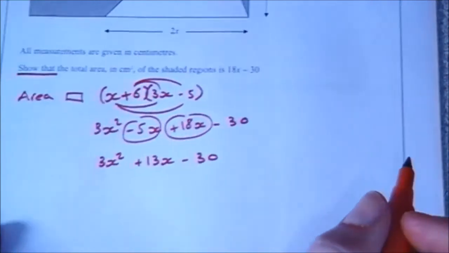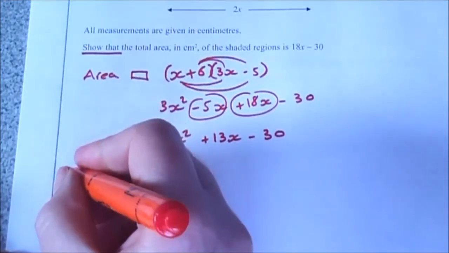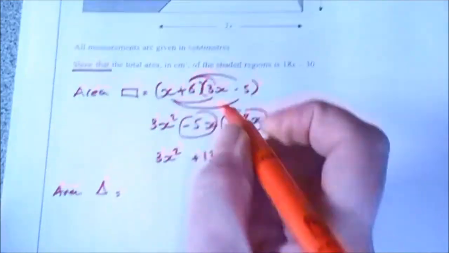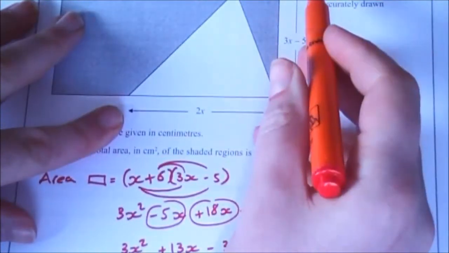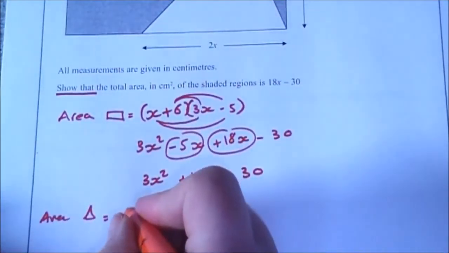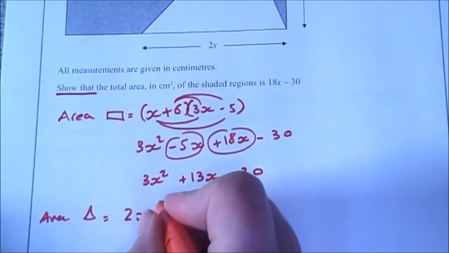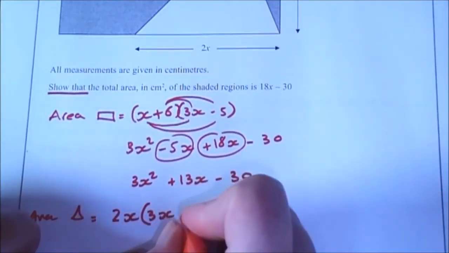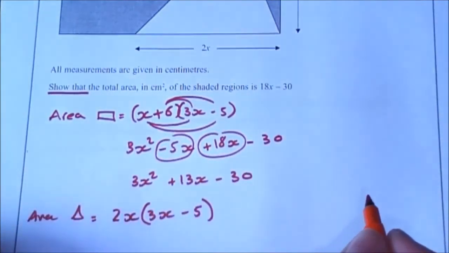Now what I'm going to do is find the area of the triangle. And I can either half my base and then times it by my height, or I can do base times height then half it. I'll do base times height then half it. So 2x is my base, open bracket, because it's times by 3x minus 5.